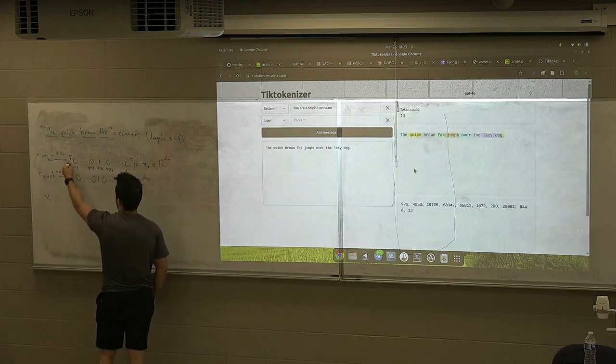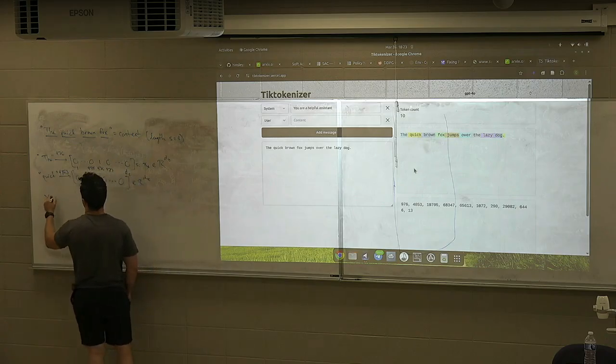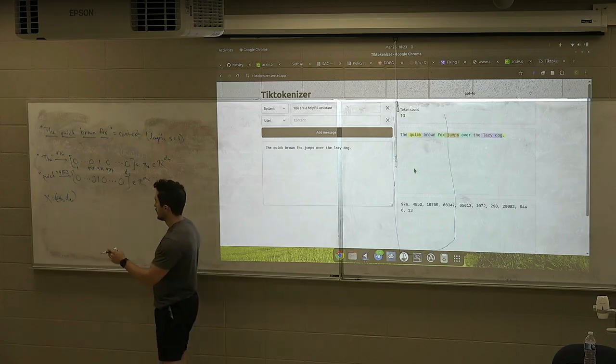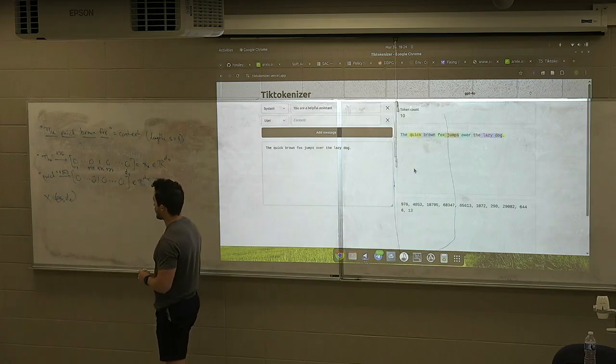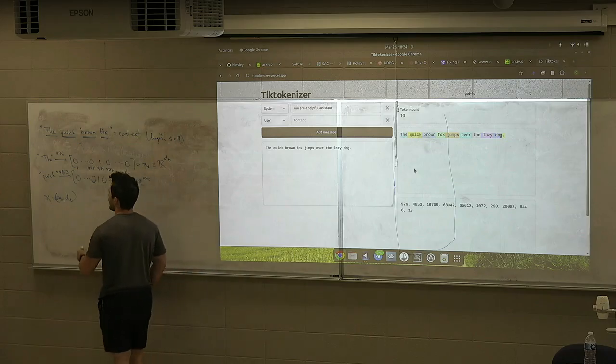There's going to be a separate row for each token, so 4 rows. That's going to be an S by d_T matrix: as many columns as there are possible tokens, and as many rows as there are tokens in the context. And they can repeat, so you can have two of the same row if you want.